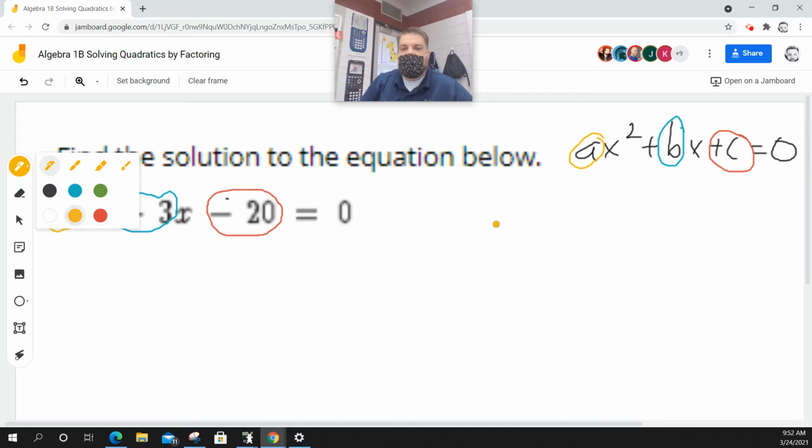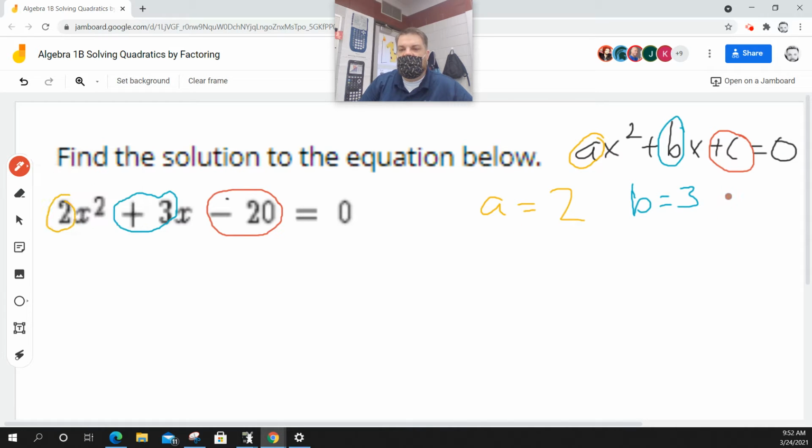So if I were to label these, I would say that A is equal to 2. B is equal to 3. And then lastly, C equals negative 20. So then when I go to do this problem, I need to find two numbers that when I add them up, they equal 3.